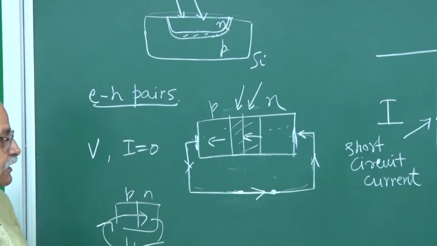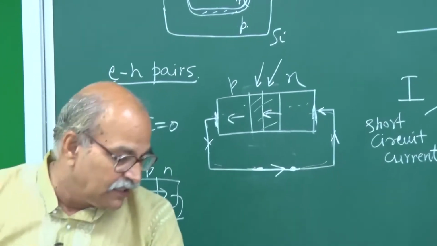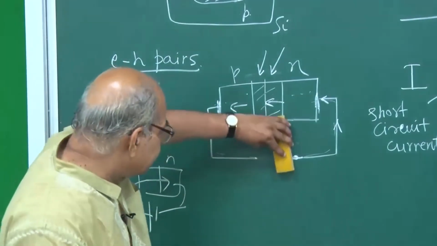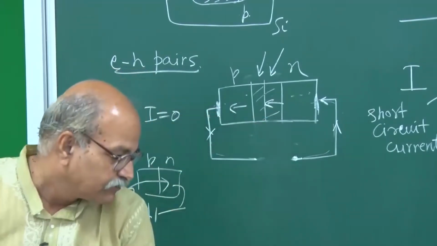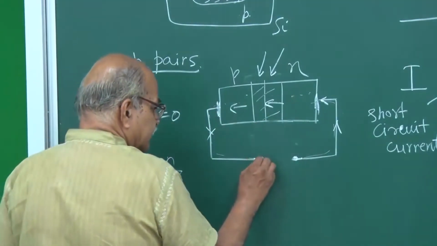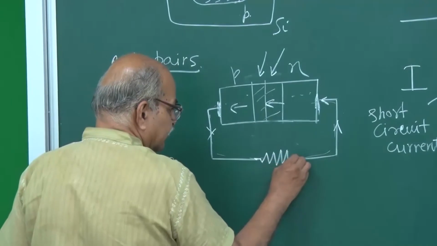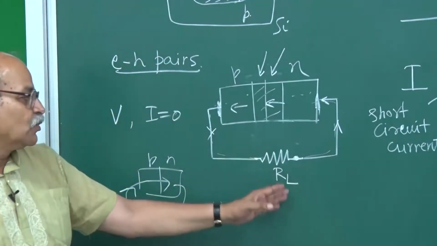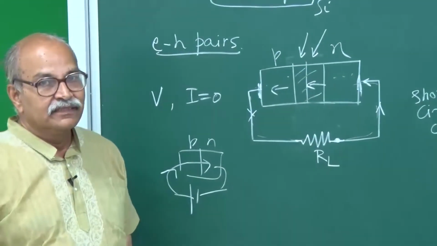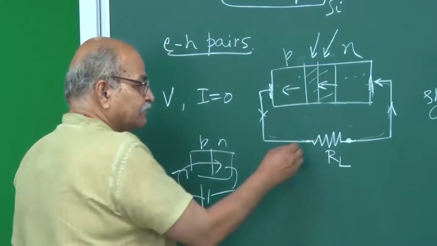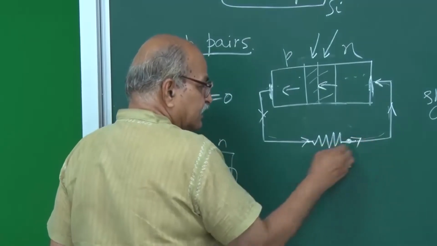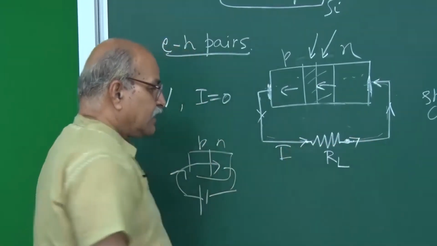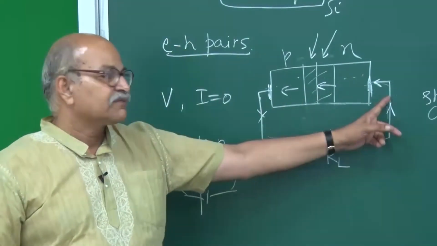Now in between, suppose I add a resistance here, I connect some motor or some bulb, some load resistance is added. The current will be there, and if you have this RL here, with some current I, then I times RL will be the potential difference.